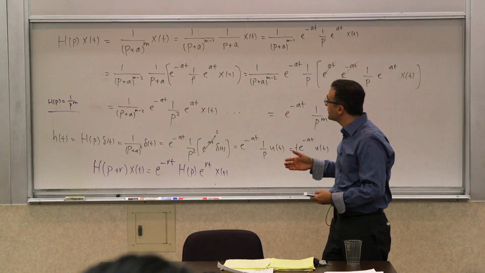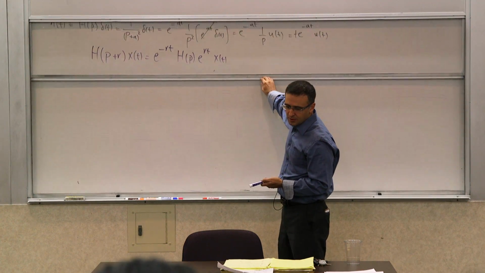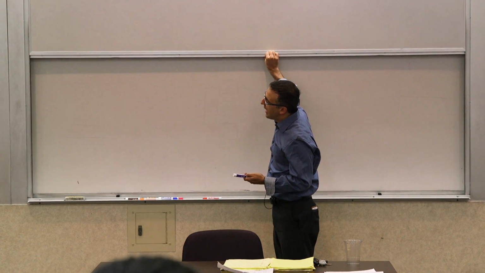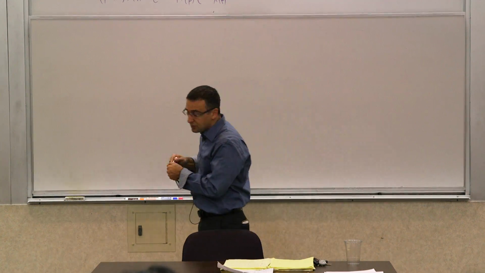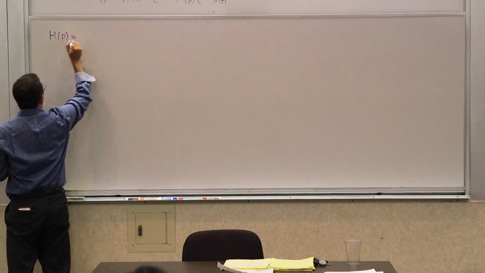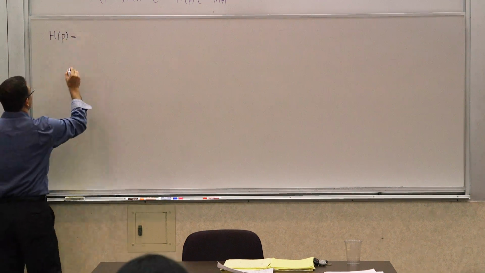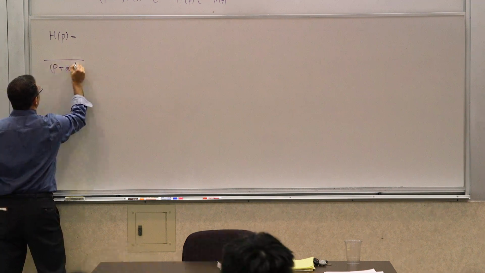Okay, so why is this useful? Because now what do we do when we have multiple roots? Let's say you have an h of P that has multiple roots. What do we do with that? Let's say you have an h of P that has a denominator of the form P plus A to the power of m.